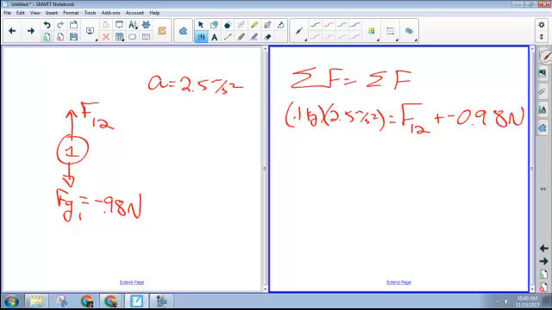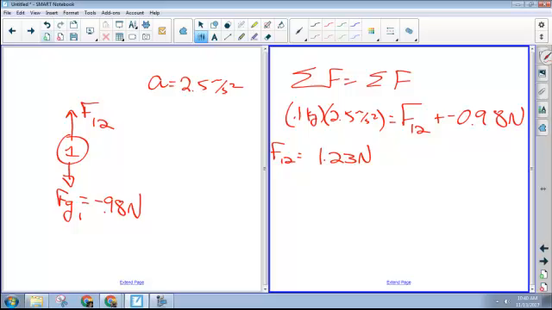And solve for it. And so you end up getting a number that was on the answer key, and it is 1.23 newtons. Good? All right, so let me pause there for a minute. Are there problems with what I did there?